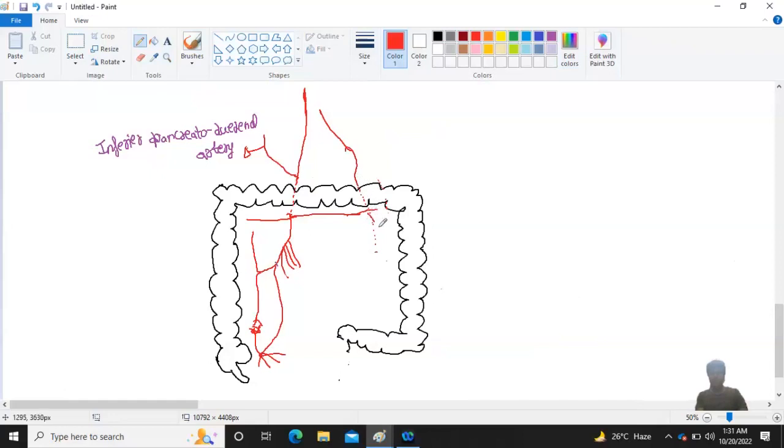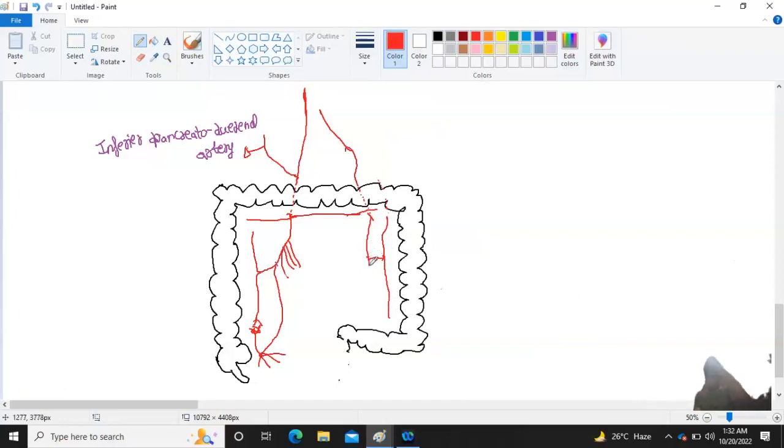It gives branches. One branch is, this is middle colic, this is right colic, so this is left colic. It divides into ascending and descending branches.